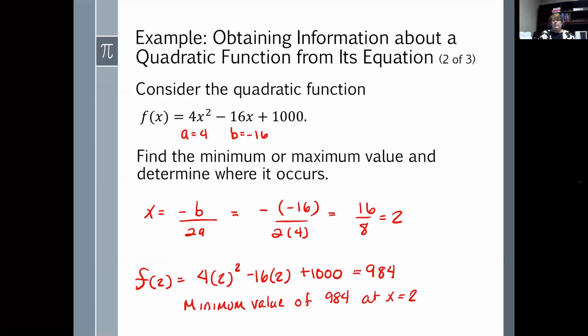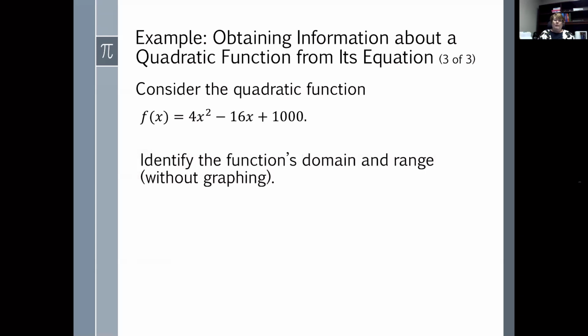All right, so now let's determine the domain and range. Identify this function's domain and range without graphing it. I was about to draw a graph. Can I do it without drawing a graph? All right, so since this opens up and its vertex is at 2, 984, since it opens up, I know that this is a minimum point.